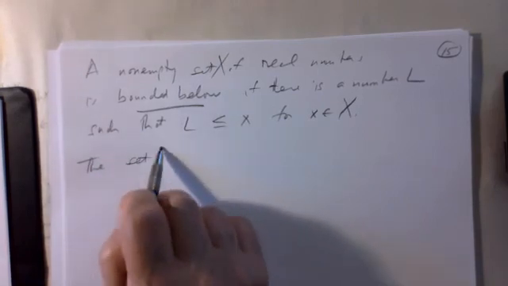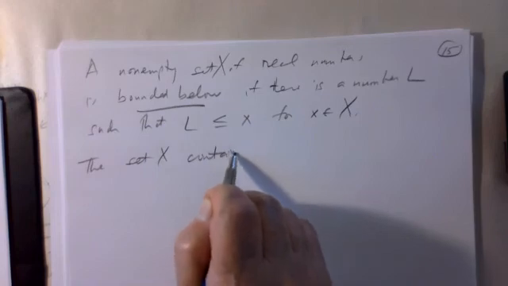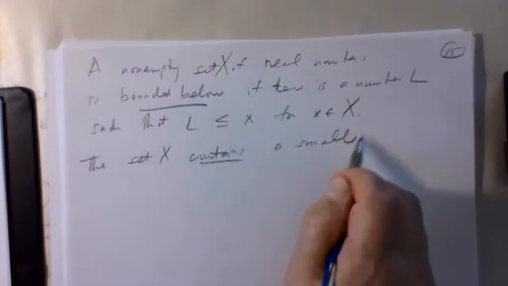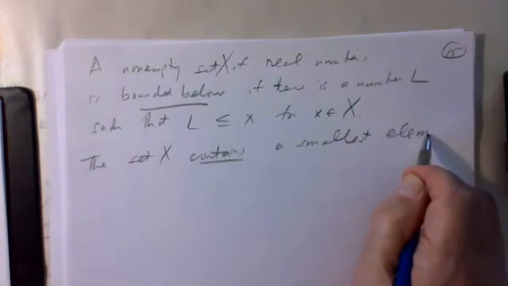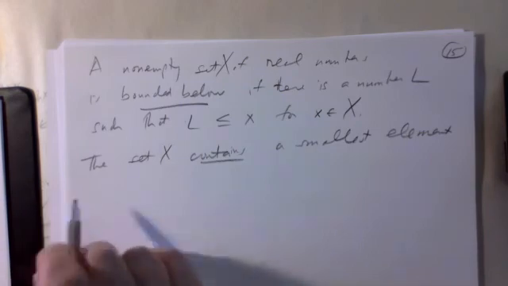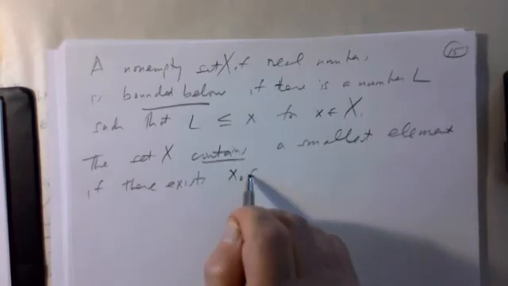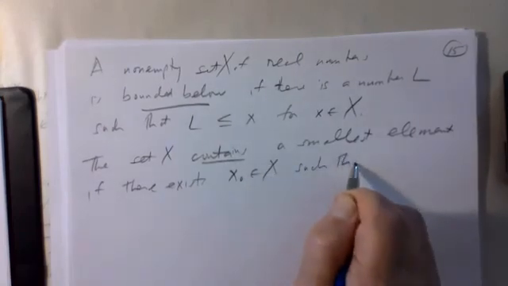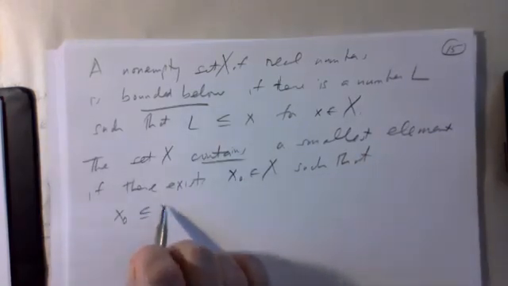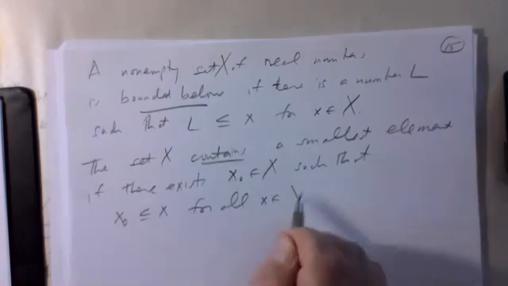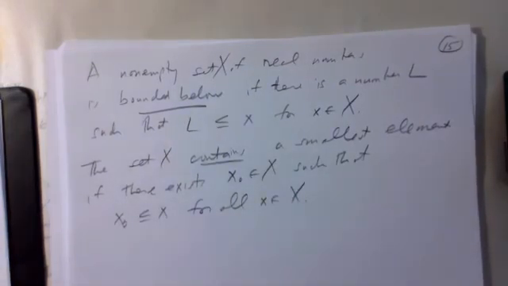And the set X contains a smallest element if there exists an element x naught in X such that x naught is less than or equal to x for all x in X. So if a set contains a smallest element, it certainly is bounded below, but a set can be bounded below and not contain a smallest element.